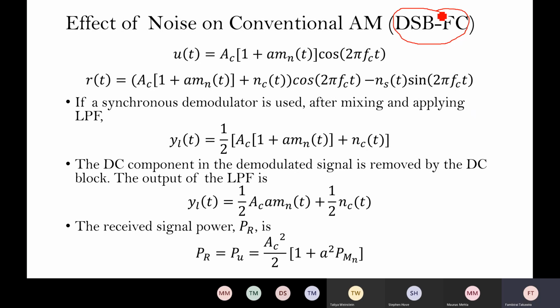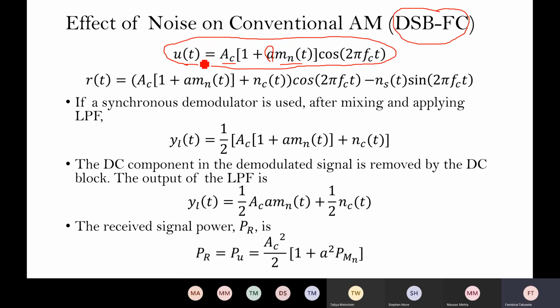In the case of the conventional AM, our modulated signal is given by this expression for u of t, where A_c is the carrier amplitude, small a is the modulation index, and m_n is the normalized message, or what we call the baseband signal. So that will be the transmitted waveform.